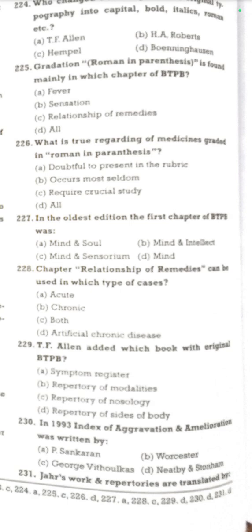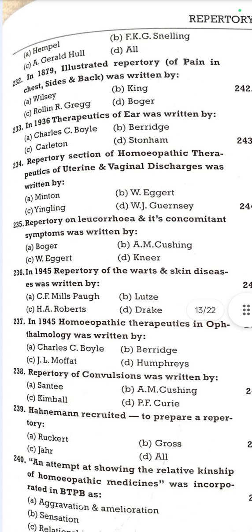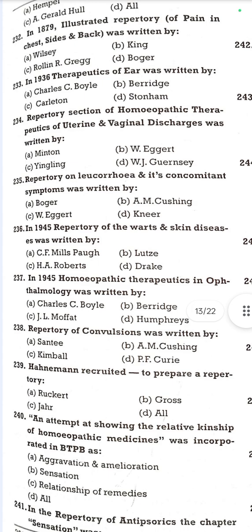231. Jahr's works and repertories are translated by, so the answers are A. Hempel, F.K.G. Snelling, A. Gerald Hull. Next question. In 1879, Illustrated Repertory of Pain in Chest, Side and Back was written by Rowling R. Gregg. 233.